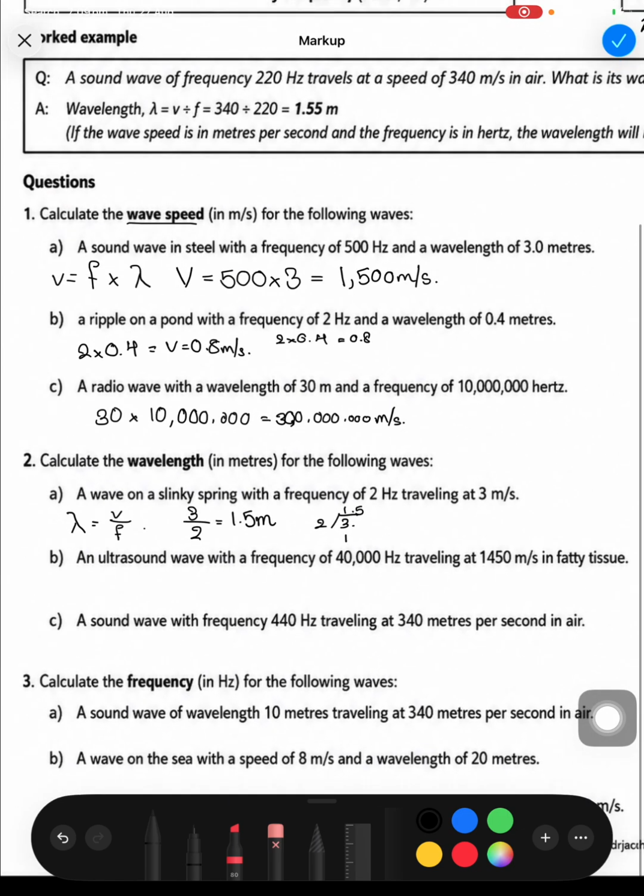An ultrasound wave with a frequency of 40,000 Hz traveling at 1,450 meters per second in fatty tissue. So the wavelength, again using the same formula, speed divided by the frequency.